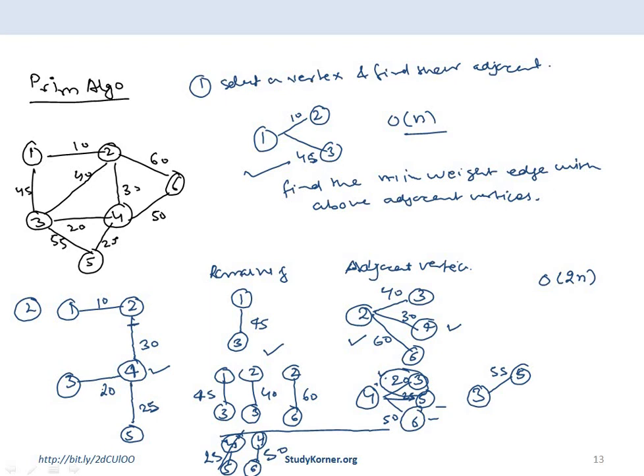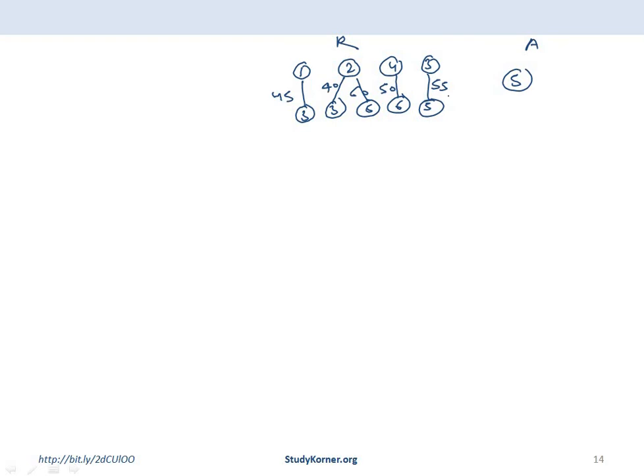Already I have considered 3 and 4 in my graph, so I am not including them in my adjacency set. Then the vertex which is taken, we take from the remaining set. Because the adjacency set is empty, I just pick the edge from here. So this 2 to 3 is minimum, 40.